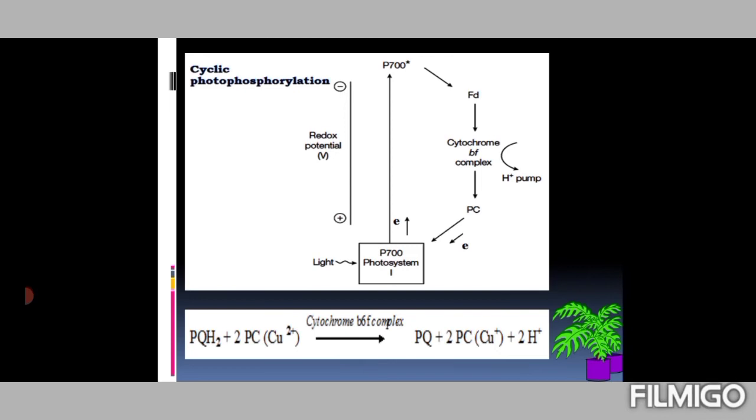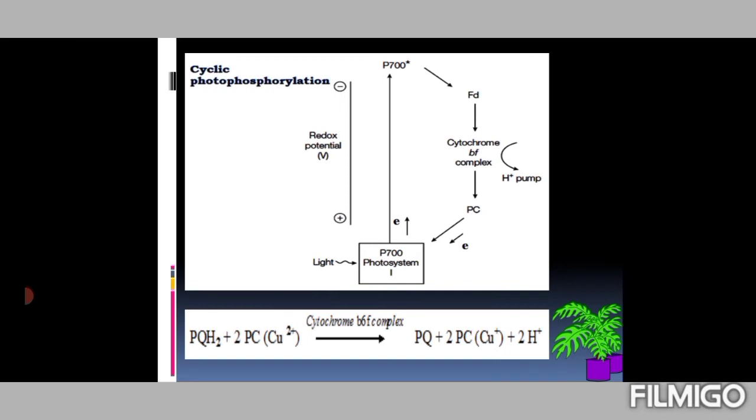As it goes through, first of all, it reaches ferredoxin, an iron-sulfur protein cluster, from where it reaches the cytochrome b6f complex. It's actually a proton pump. It accepts H plus ions from stroma while it accepts the electron from the ferredoxin molecule, and as it releases the electron to plastocyanin, a copper containing protein, it releases the proton to the thylakoid lumen.